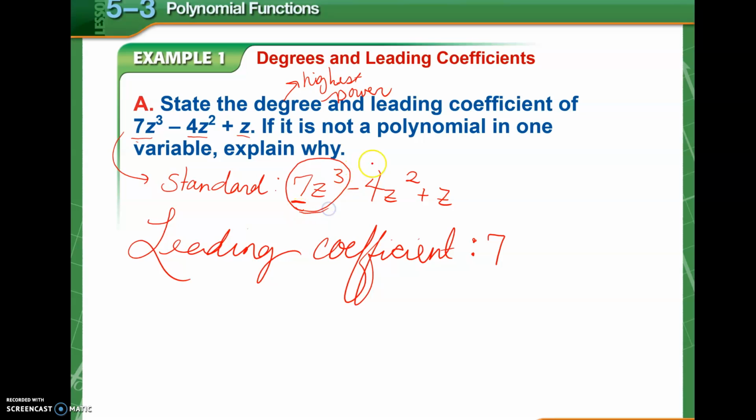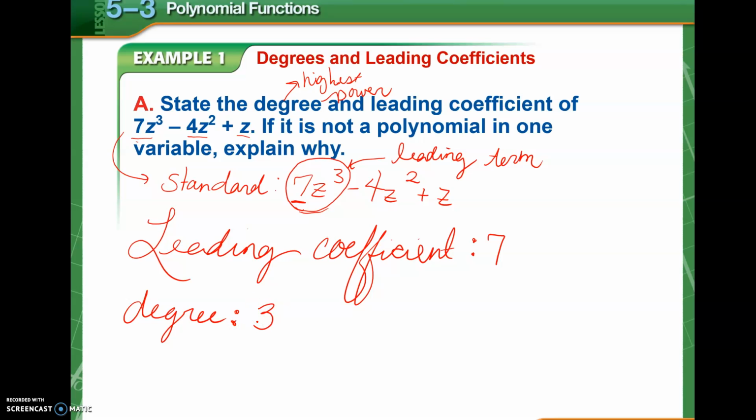This is my leading term. And then my degree is going to be the power on the variable. If there was more than one variable, like a y squared, we would add those two together. But here my degree is 3.